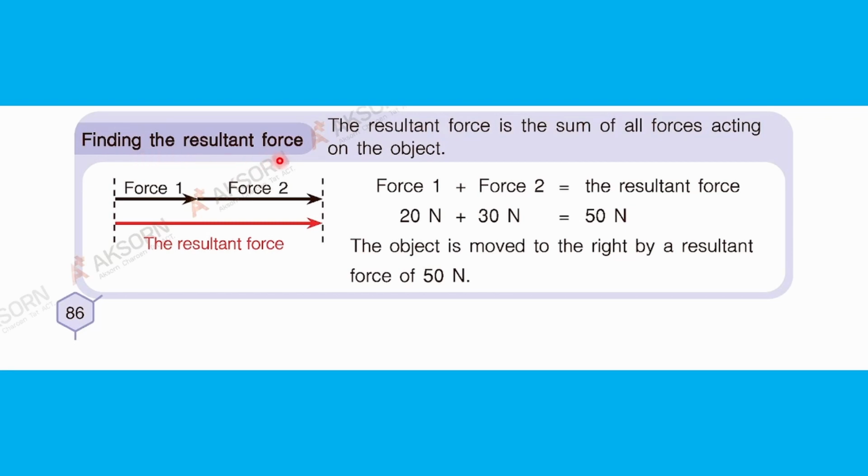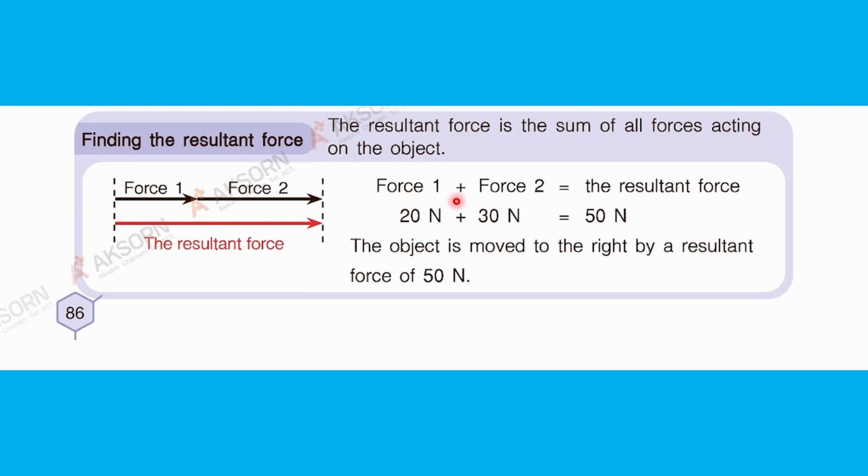Finding the resultant force. The resultant force is the sum of all forces acting on the object. Force 1 is pushing in this direction. Force 2 is pushing in the same direction.